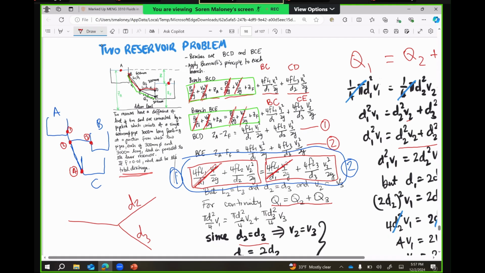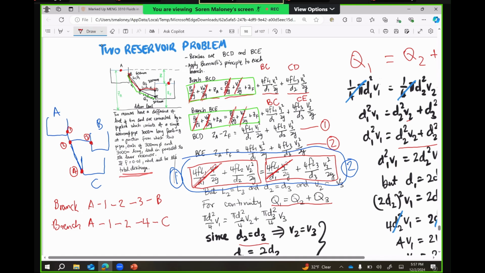And I have a branch, I'm going to call it branch A to 1 to 2 to 3 to B, let's say B. And then I have branch A to 1 to 2 to 4 to reservoir C.